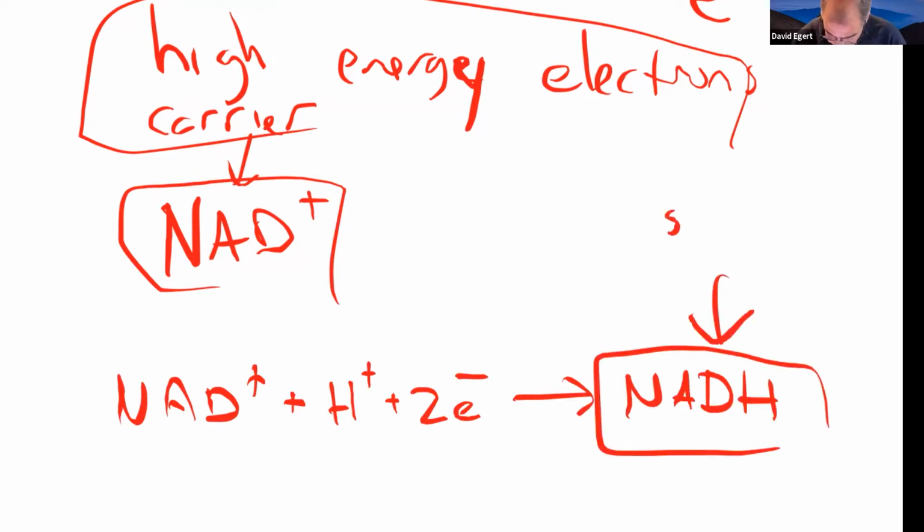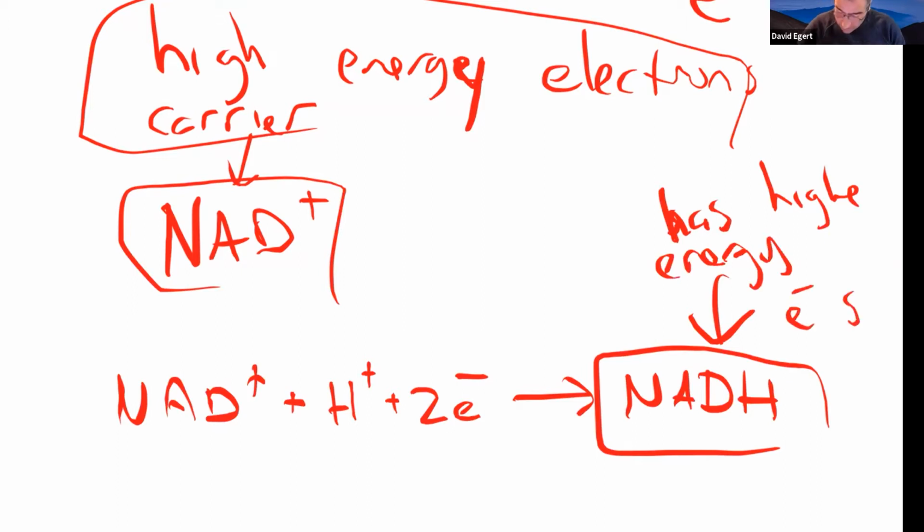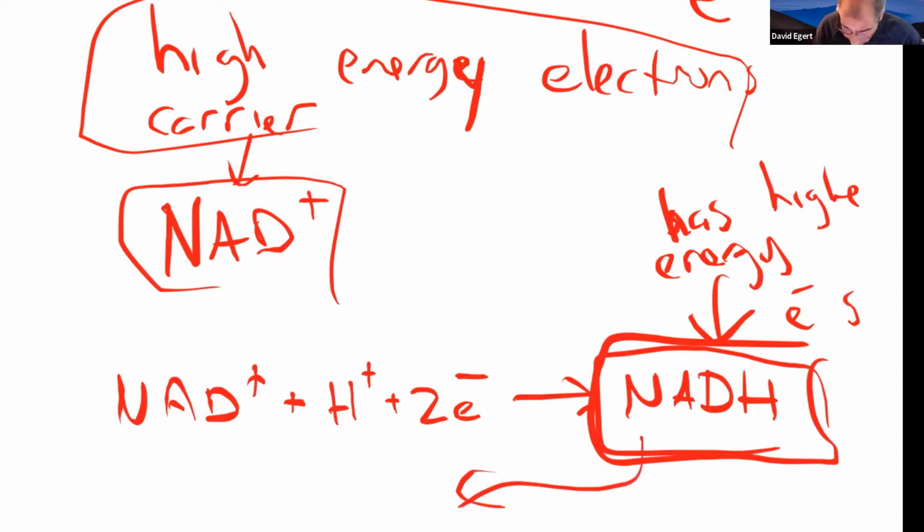This has these high energy electrons. Like if you see an NADH, you're basically looking at something that's got a lot of stored potential energy. And when it donates those electrons to other things in these redox reactions, that energy gets released.